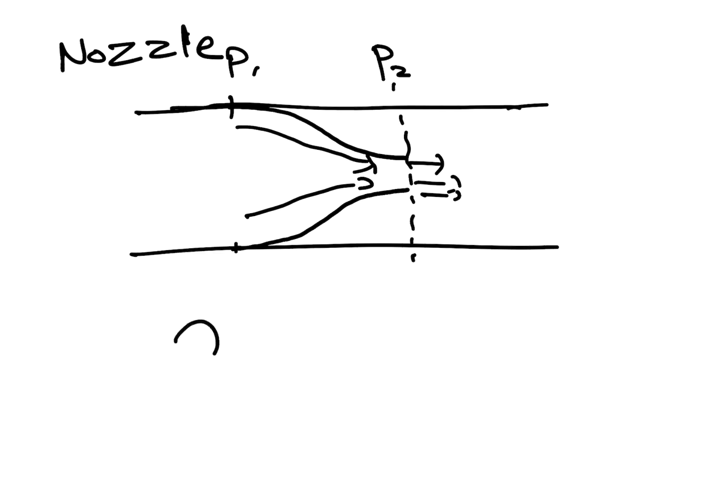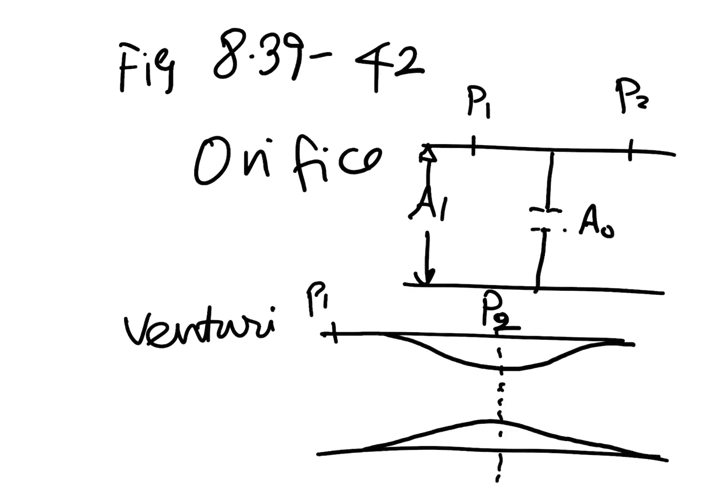In all the cases, the equation remains the same, C naught times Q ideal. For all the devices, nozzle, venturi or orifice, the pressure drop may differ. For example, an orifice produces a very abrupt pressure drop. It gives you the highest pressure drop, which means more losses, which means more pumping power.